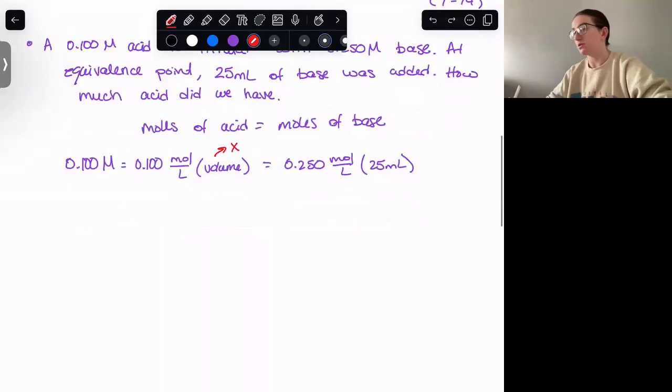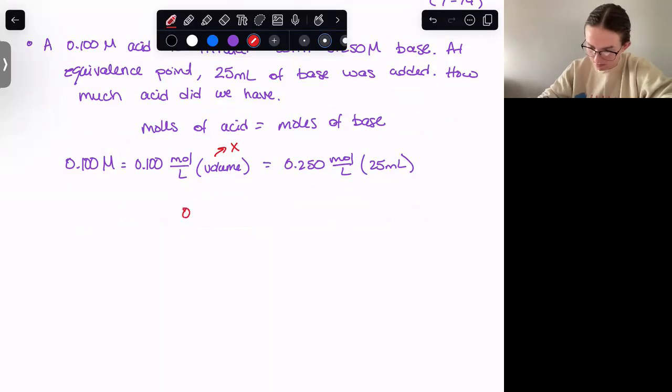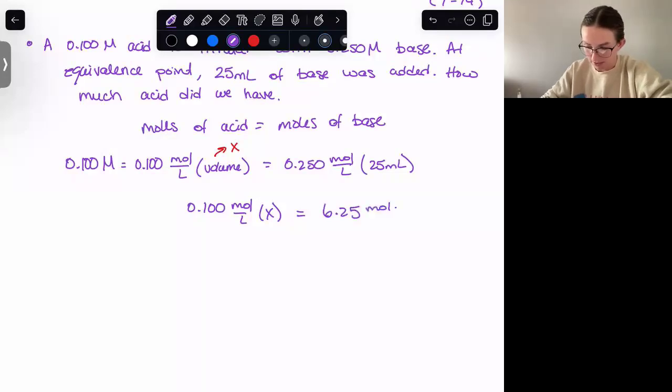So in order to solve this question, we just need to multiply 0.250 times 25. And we get 0.1 times x equal to 6.25. Technically, moles times milliliters over liter.